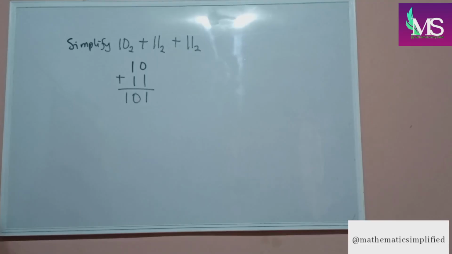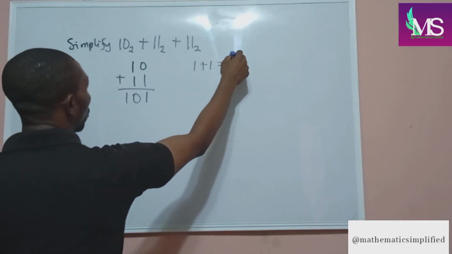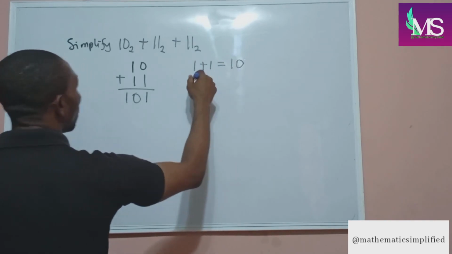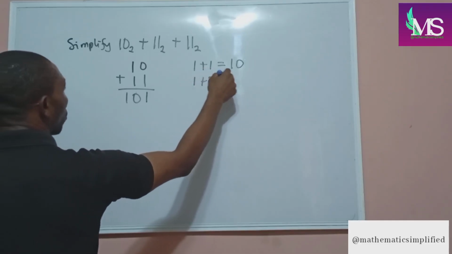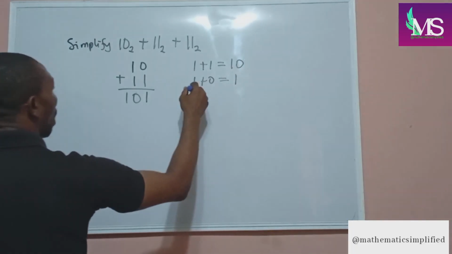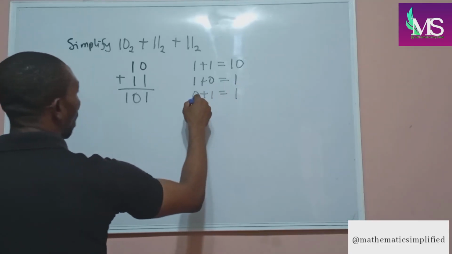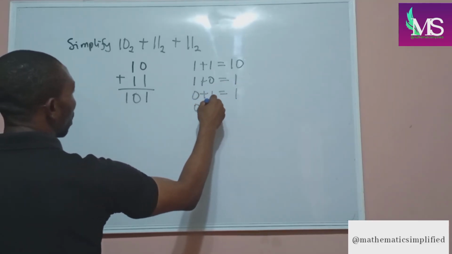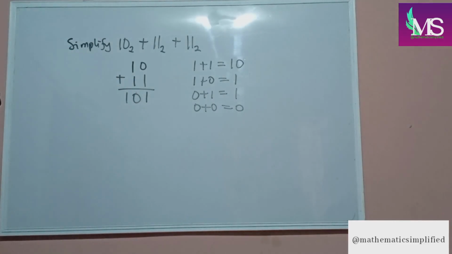Since we know that 1 plus 1 in base 2 will give us 10, and 1 plus 0 will give us 1, and 0 plus 1 will give us 1, and 0 plus 0 will give us 0. Okay, now that's for base 2.